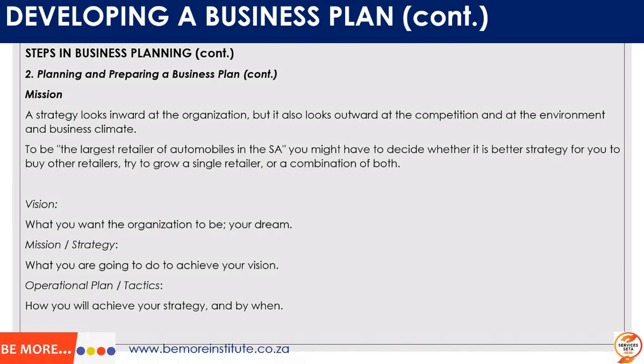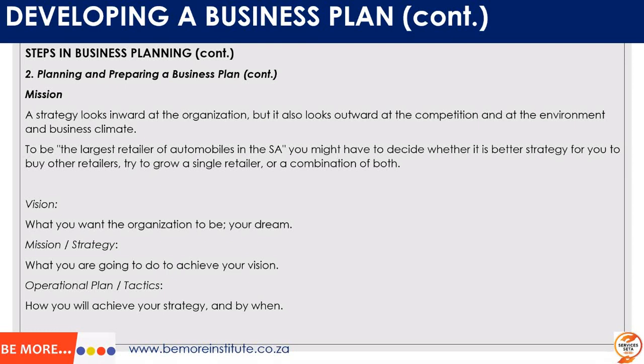Like we said, to be the largest retailer of automobiles in South Africa, you need to decide whether it is a better strategy for you to buy other retailers, or you try and grow a single retailer. So you need to figure out what is missing currently in the market. What can you improve? What can you do better? Or you can look at your competition and look at actually taking them over and build those companies.